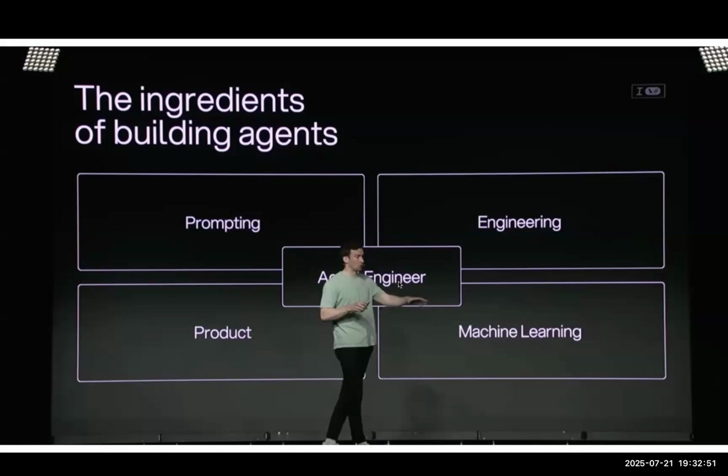So the idea is that agent engineer is an evolving engineering skill. The person building that agentic platform needs to be aware of good prompting, and a good understanding of what product we are building, and then engineering, in the sense of how LangChain and LangGraph work at the SDK level and at the platform level, and then machine learning. This is an interesting piece. Some of you may be wondering why we need to know about machine learning in agent development at a high level.